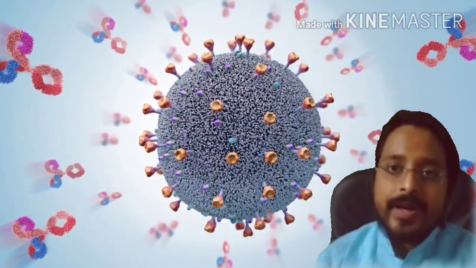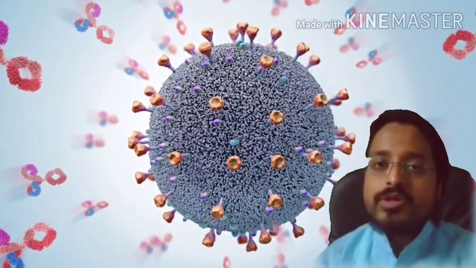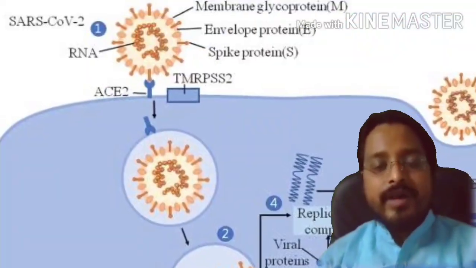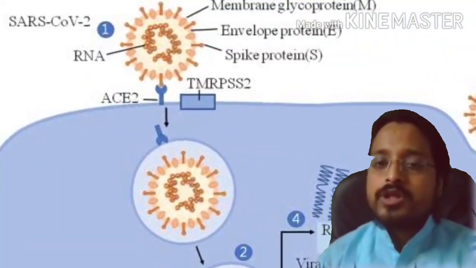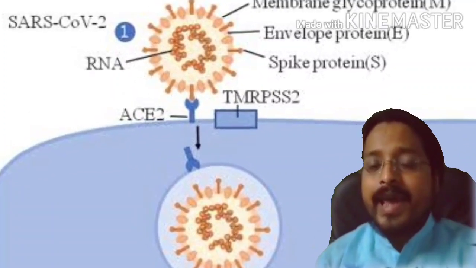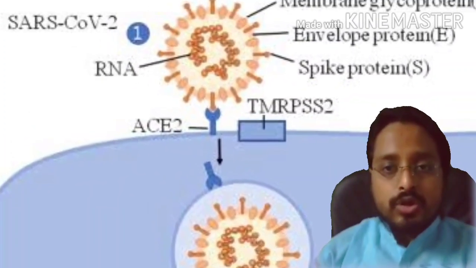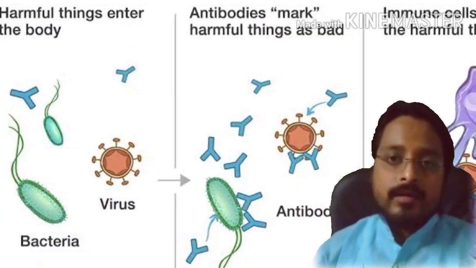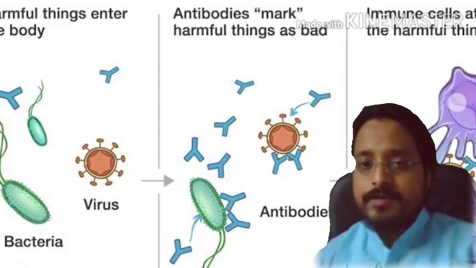Talking about rapid antibody test, let us know something about antibodies. When someone gets infected with a virus like the SARS-CoV-2, what happens there is you build antibody. Those antibodies attack the virus and clean the virus from our system.